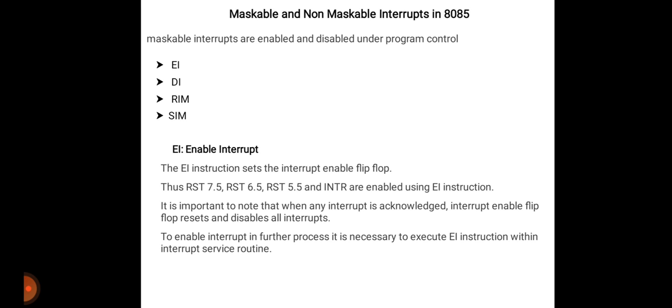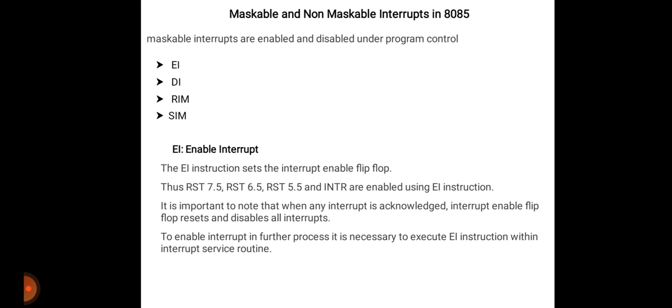The first one is enable interrupt. The enable interrupt instruction sets the interrupt enable flip-flop. As you can see in the figure, RST 7.5, 6.5, 5.5 and INTR are enabled using the EI instruction.